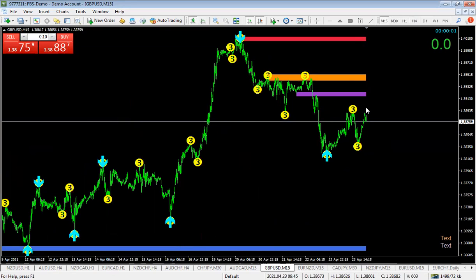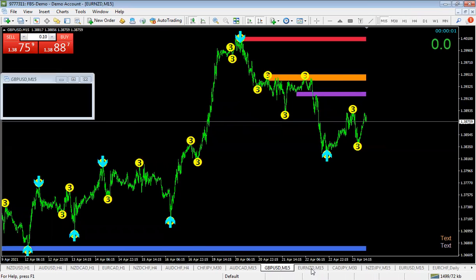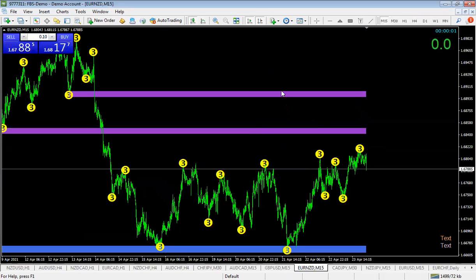Even if it breaks through the midline here, you have a lot of challenges. So keep that aside and move to the next one.